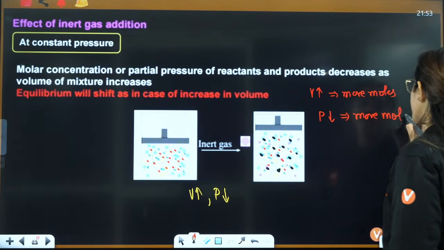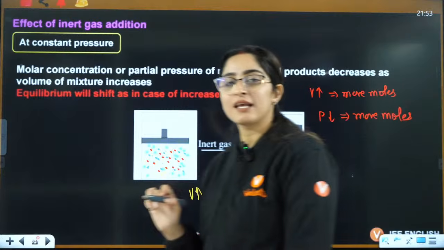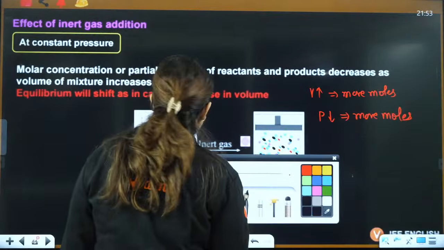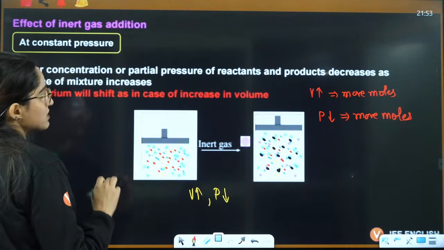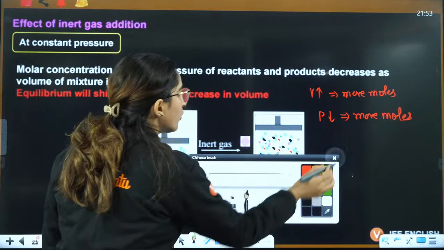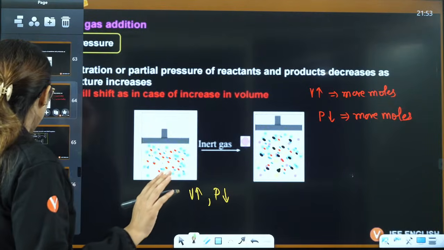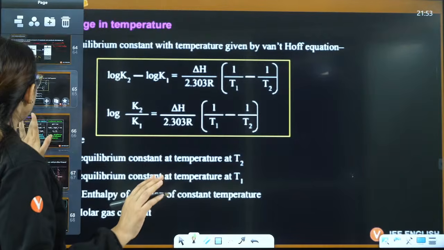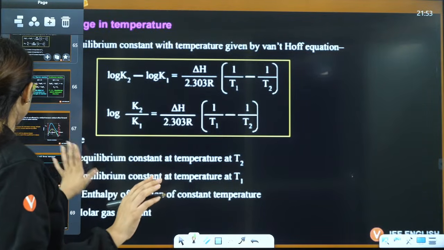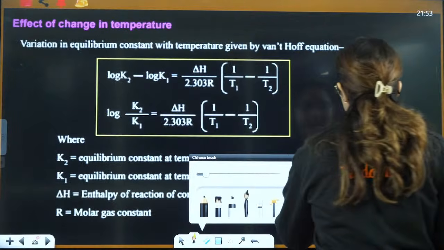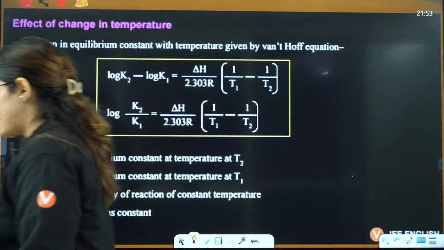So always when you add inert gas at constant pressure, it will move in that direction where the number of moles are more. Right, everybody? Now, next is effect of temperature.